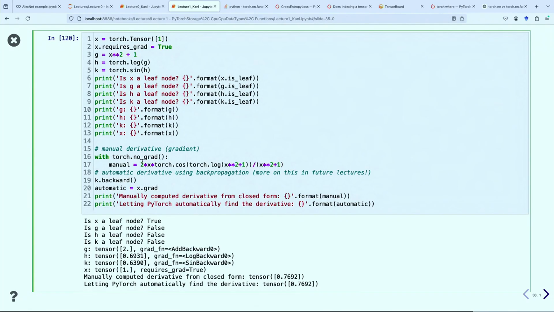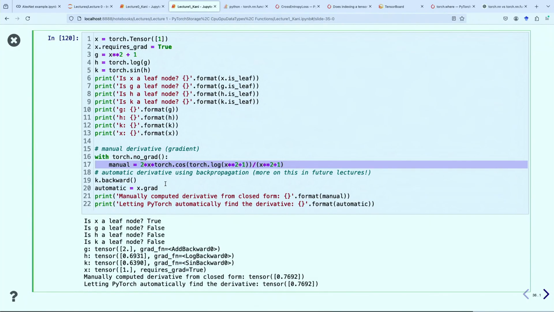And now we want the derivative, right? Like we said before, we could calculate the derivative at 1 manually using this long function, which gives 0.7692.